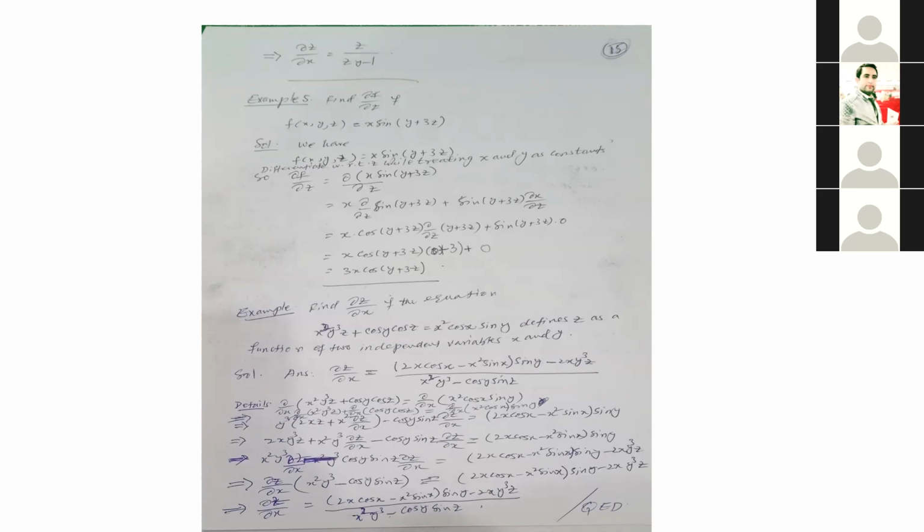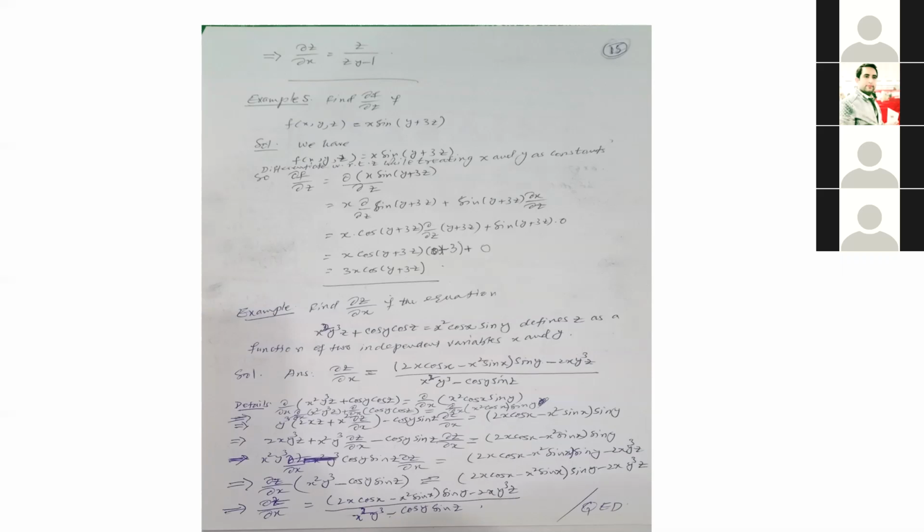So del f over del z is equal to del over del z of x sine of y plus 3z. Now it is again a function, x into sine of y plus 3z.